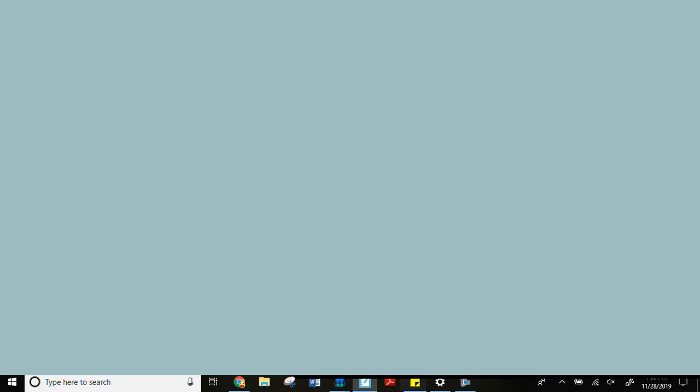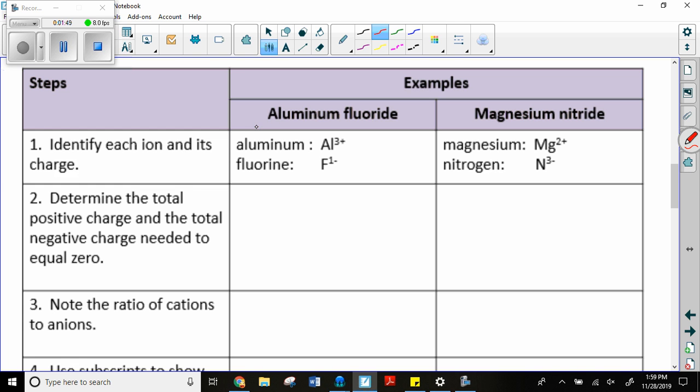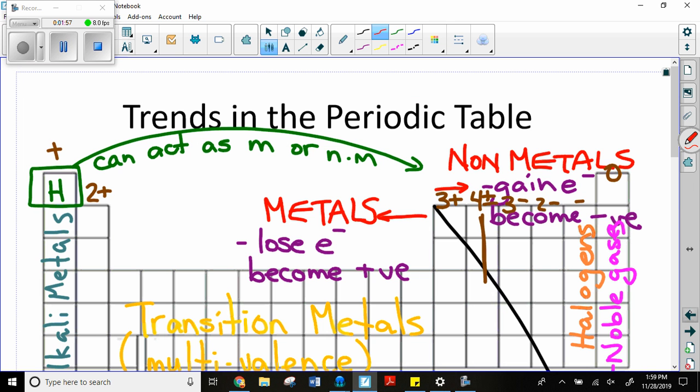So let's look here at this example. We've got aluminum fluoride. That's our first example right here. Aluminum, if we're looking on a periodic table, is located right there.